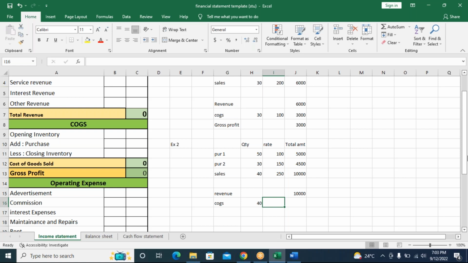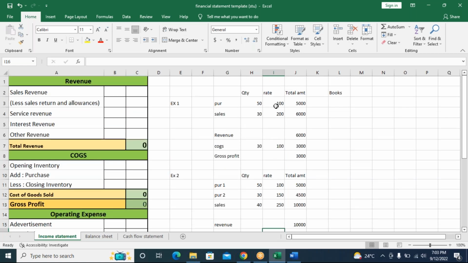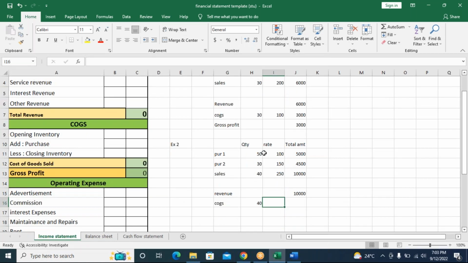The first one was very clear because only one purchase had happened, so I directly took 100. But when I'm purchasing twice at different rates, the first time the cost of the books was 100 per book. The second time the cost of the book is 150.